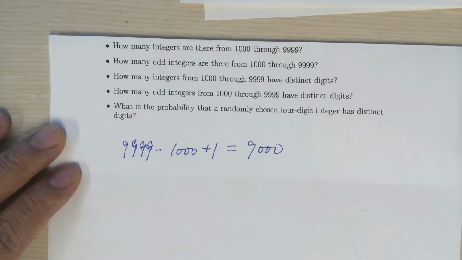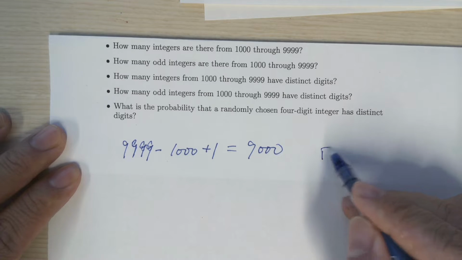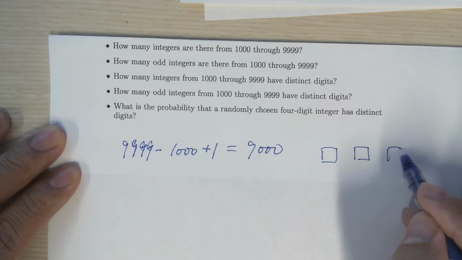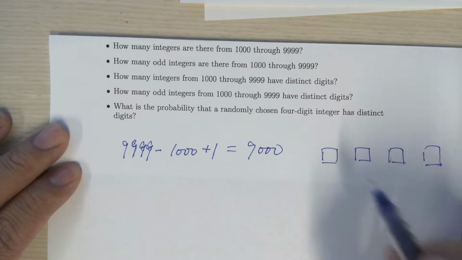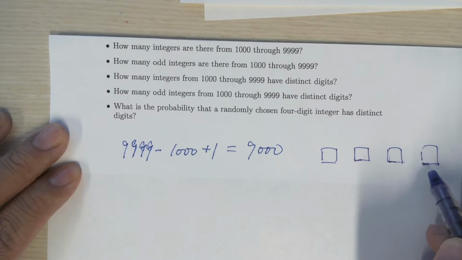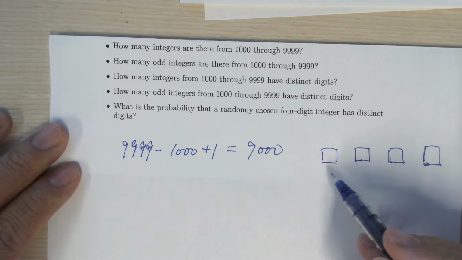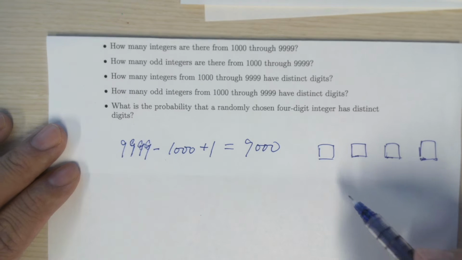Or you can think of it as using the multiplication rule in counting. So think about the 4 digits that you can fill in. For the first digit here, how many choices can you have?